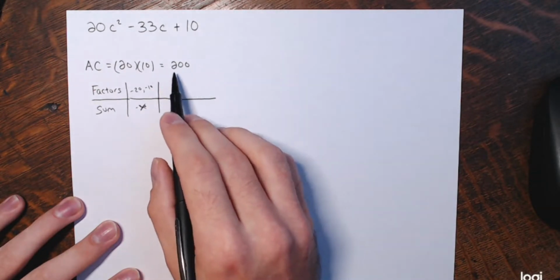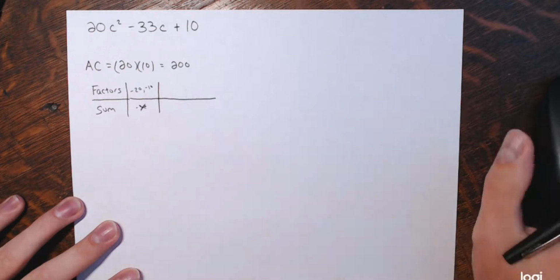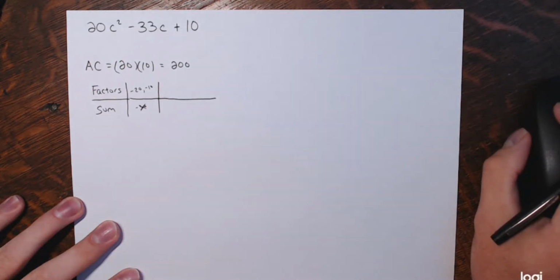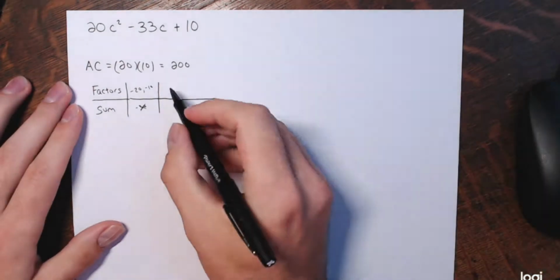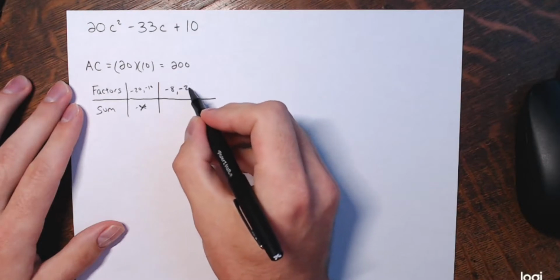Once again, I'll pause it for a second and come back when I have them. I don't want to waste your time listing a bunch of factors. So those factors would be negative 8 and negative 25.